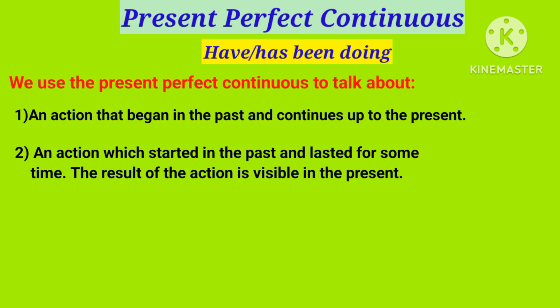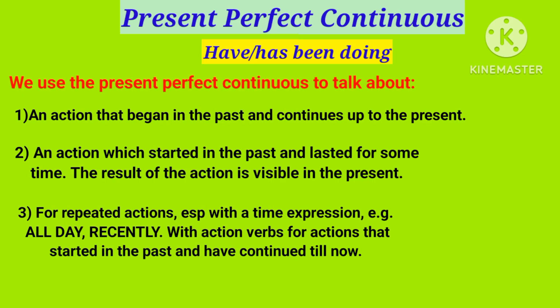The result of the action is visible in the present. Number 3, for repeated actions, especially with a time expression like all day, recently. Also with action verbs for repeated actions that started in the past and have continued till now.